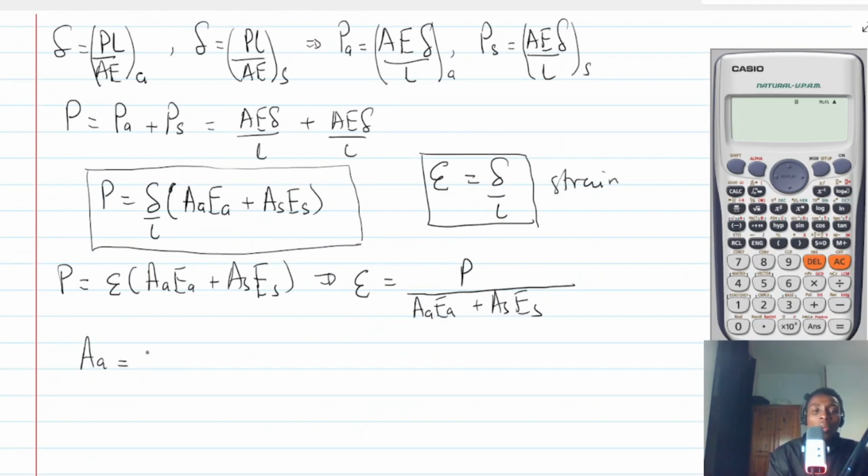The area of the aluminum will be pi over 4 times d out squared minus d in squared.